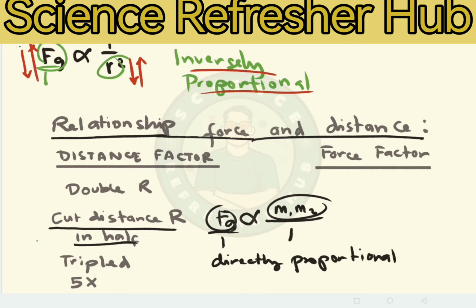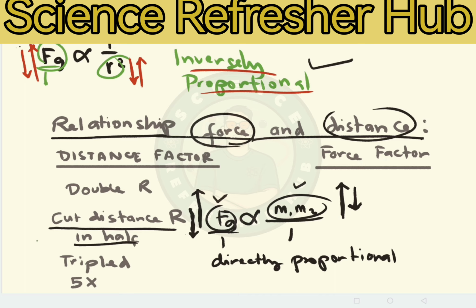If we have heavier masses of the two objects, we'll have a stronger gravitational force. If we have lighter objects, our force will also decrease. Okay, remember, Fg and r, the distance and the force, are inversely proportional. But force and the masses are directly proportional.